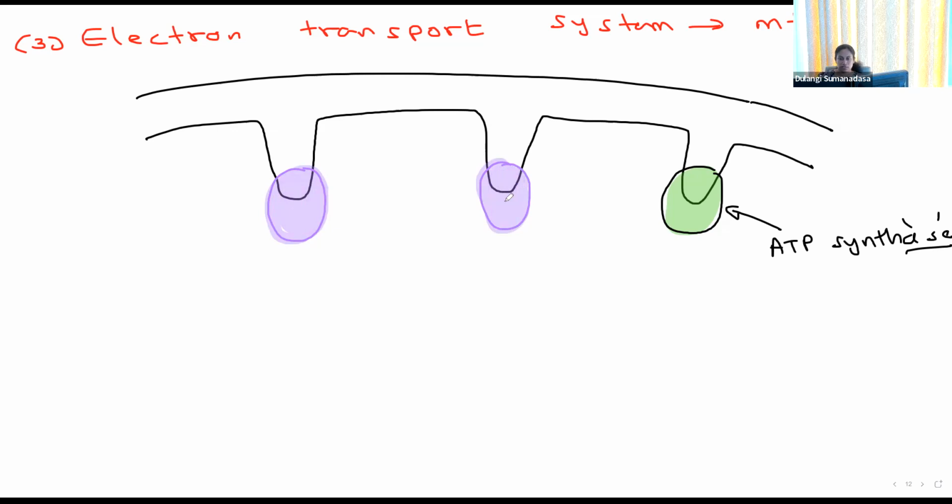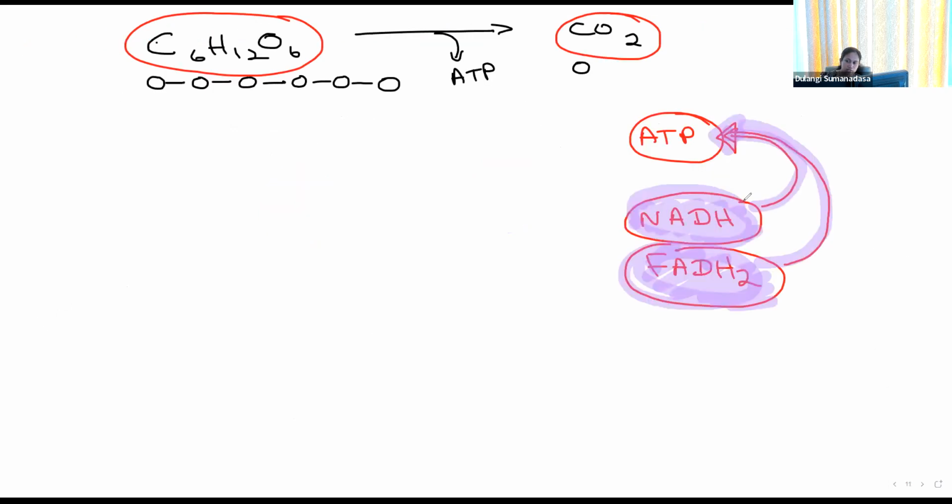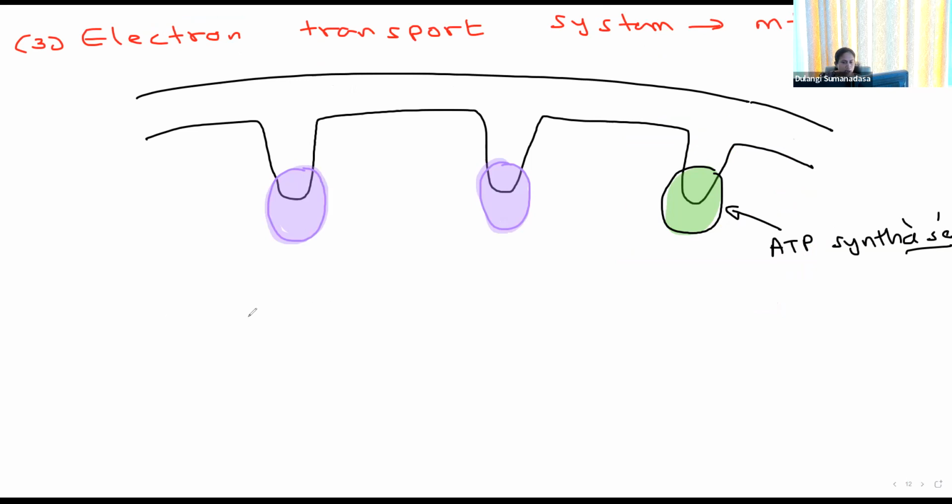So now I'm going to just describe the electron transport system, right? There are exam questions asking you to explain what the electron transport chain is. I said the electron transport chain needs to convert these other coenzymes into ATP, right? So that's the reason for doing this. We have produced coenzymes in the matrix and in the cytosol.